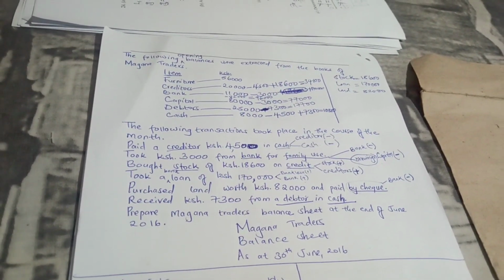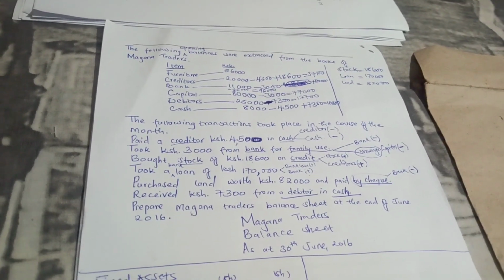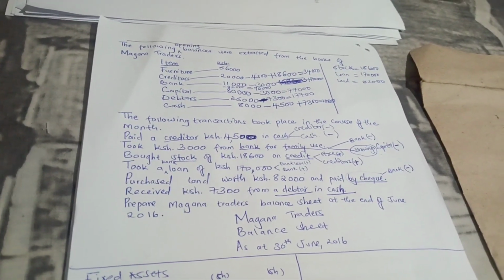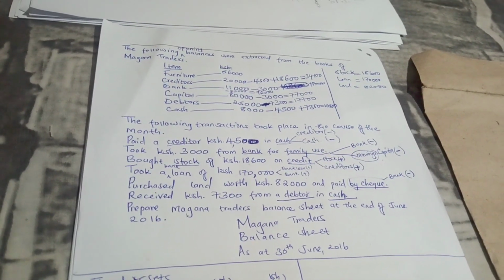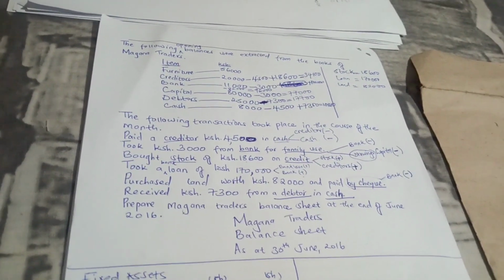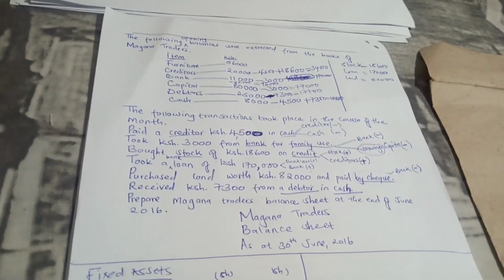Then we have debtors. Our debtors totaled to 17,700. Then we have our bank.